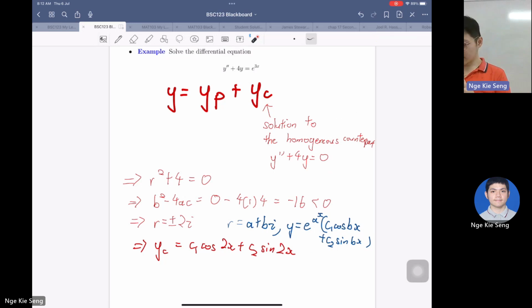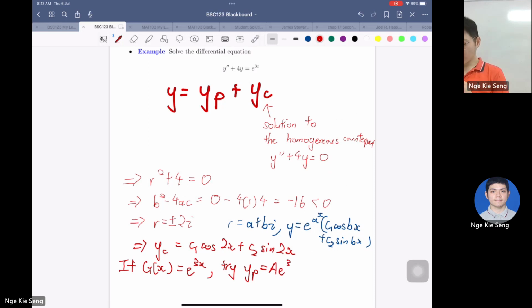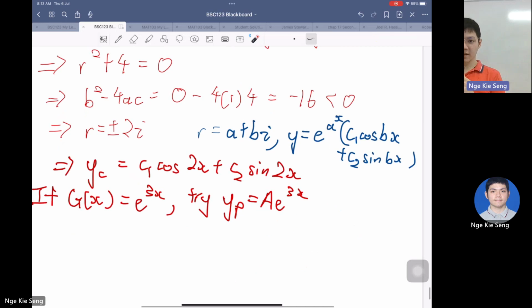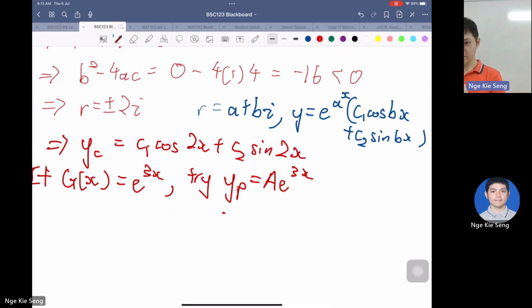Since the non-homogeneous part is e to the 3x, you try e to the 3x. But we don't know what coefficient to put, so we need to find the coefficient. Differentiate e to the 3x and you still get back e to the 3x, so this is possible.